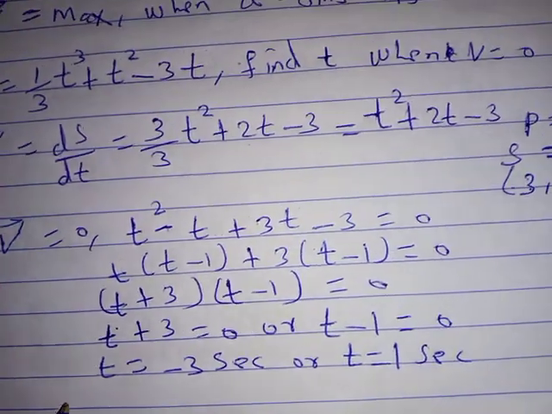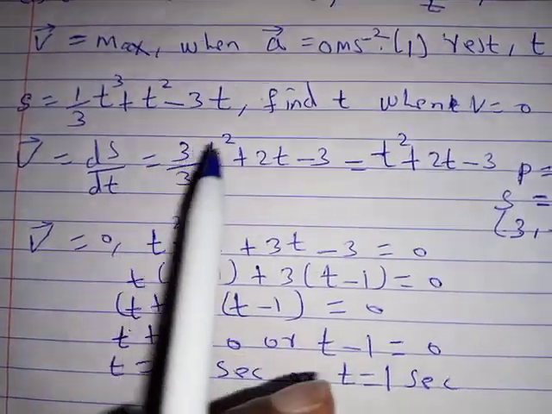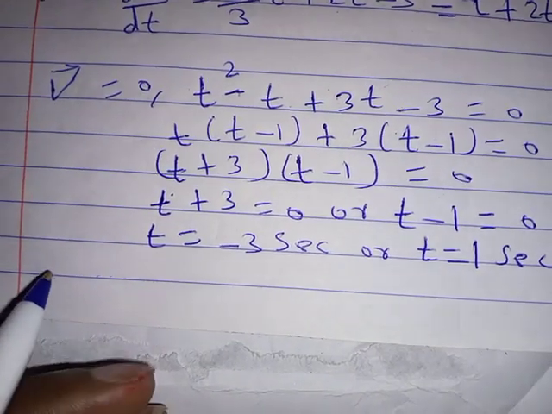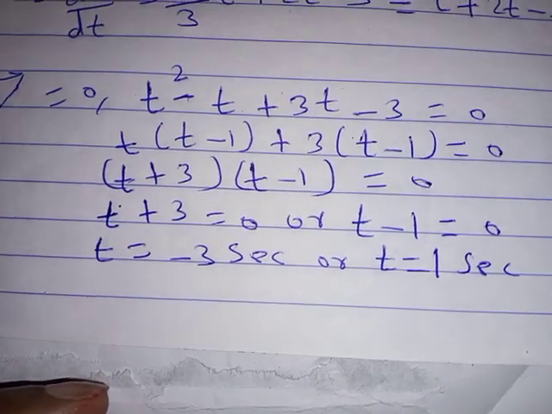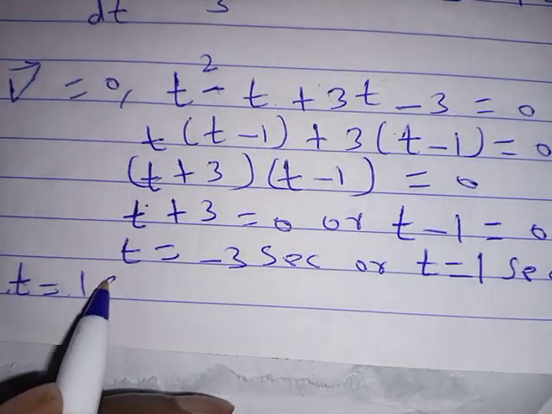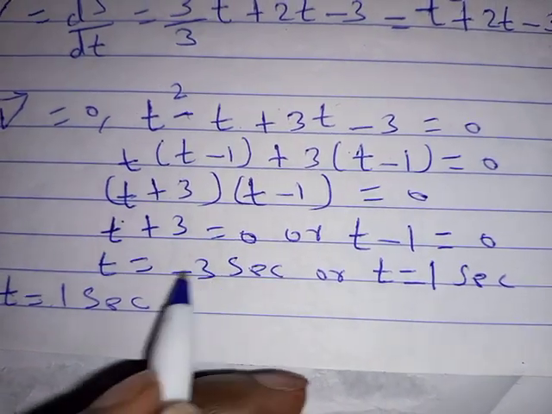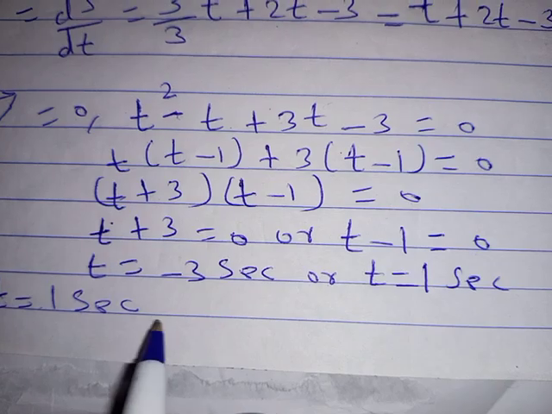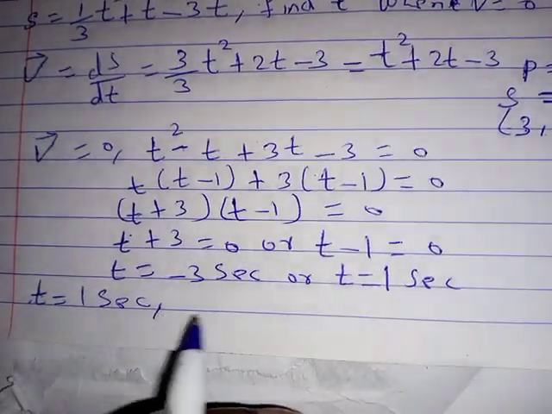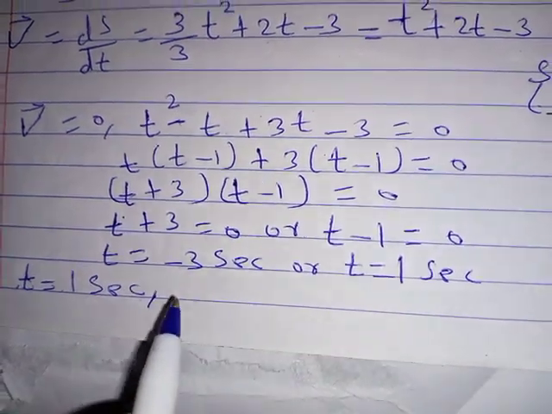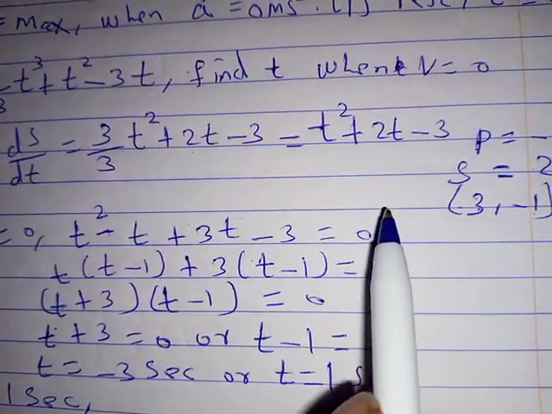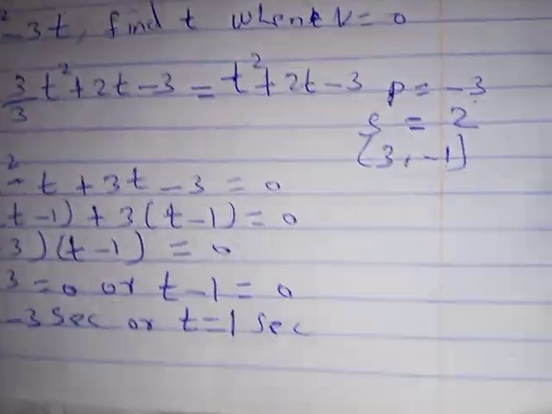So to answer this question, whereby we are to find t when v is equal to 0, our time t is equal to 1 second. Note that time cannot be negative. So the time at which velocity is 0 is t is equal to 1, which you can substitute here, and you are going to see that is the value.